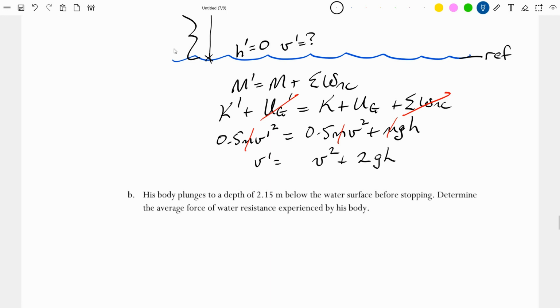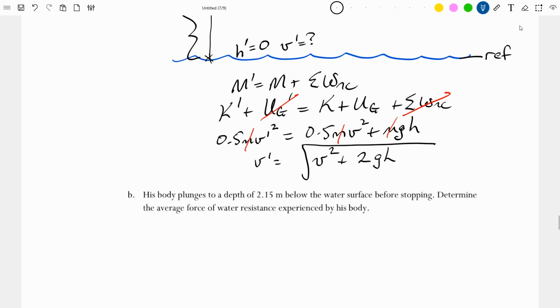So that's the 0.5 taken care of. I've multiplied both sides of the equation by 2. You could have also divided both sides of the equation by 0.5 and it would have been just as good. But if I want v prime and not v prime squared, I have to take the square root of both sides to end up with v prime.